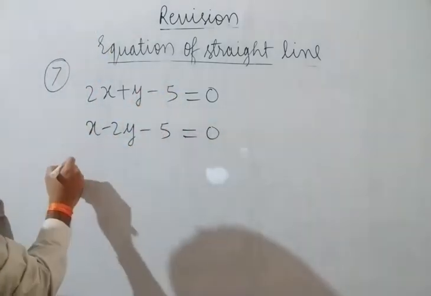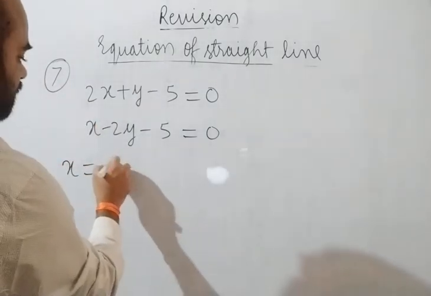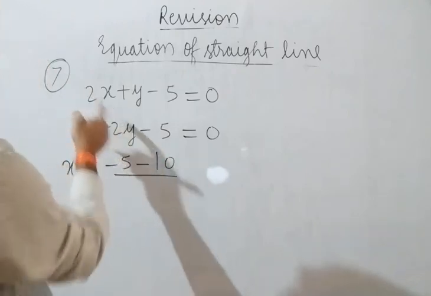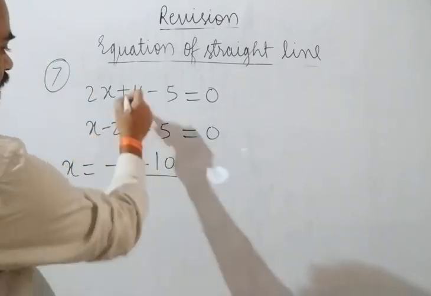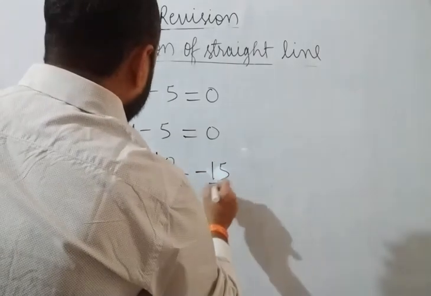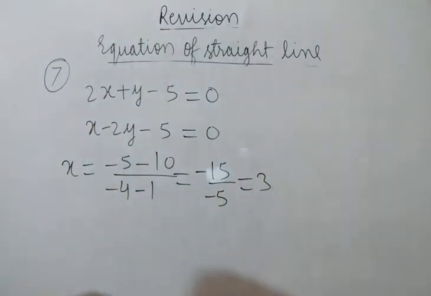So using cross multiplication, x will be b1c2 minus b2c1 upon a1b2 minus a2b1. So finally this will be minus 15 upon minus 5. It means x is 3. Correct?